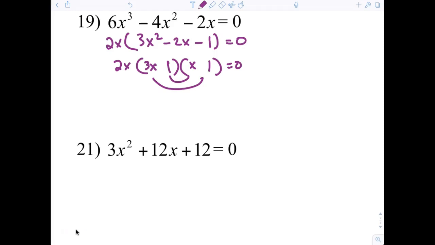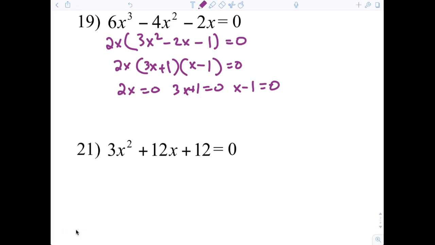So now what do I got? 1's negative and positive. So which one's negative on the right and the left? The right one is very good, man. That's exactly correct. So now you set your factors equal to 0. 2x equals 0, 3x plus 1 equals 0, x minus 1 equals 0.